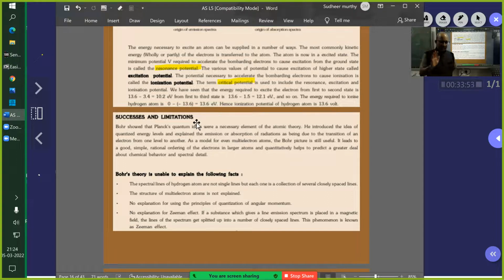See, the definition is like that. Supposing you take any element, you first have to convert that element, if it is in solid state, to gaseous state. And in that state, you have to isolate an atom. And then you have to give sufficient potential so that the electron from the outermost shell goes out.